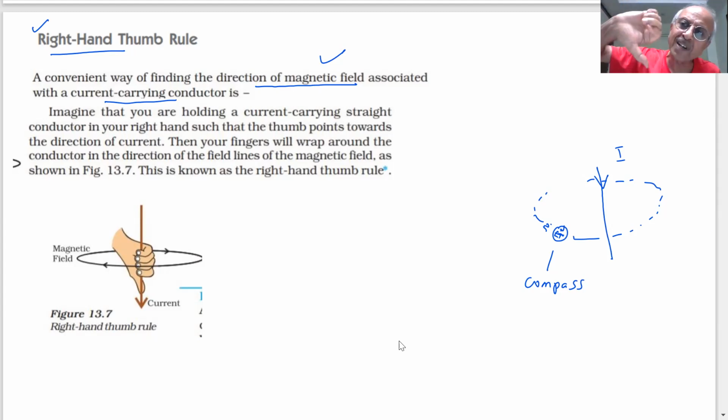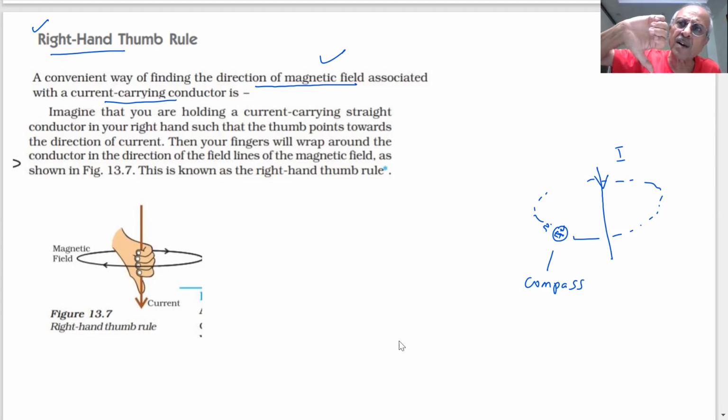If the current is flowing in this direction, as we have shown here, this is my right thumb. Can you see it? The fingers are curling like this. So this is the direction of the magnetic field lines. What do you call this? Right hand thumb rule.